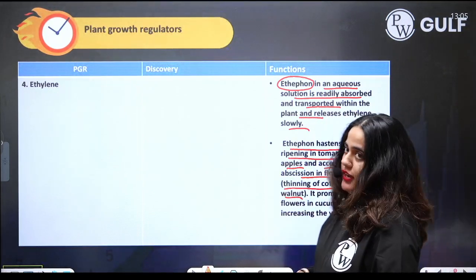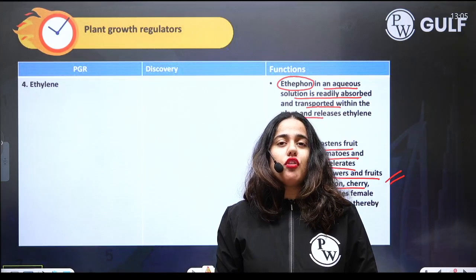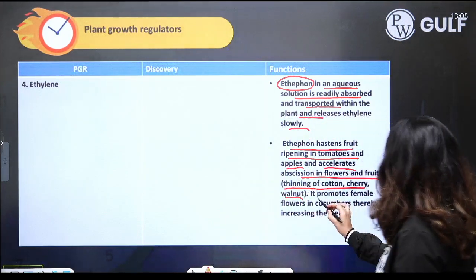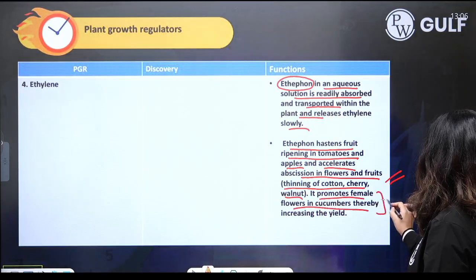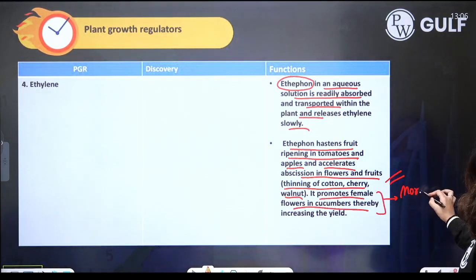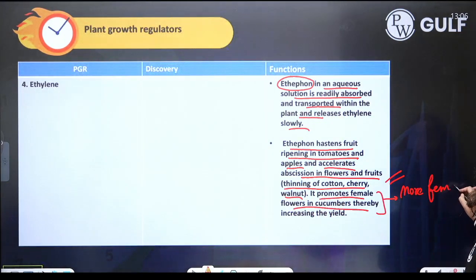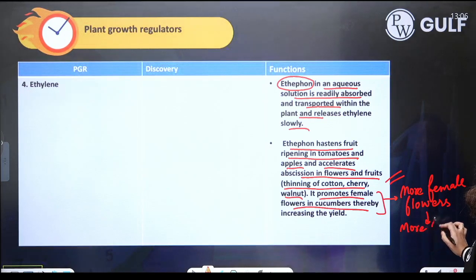It promotes female flowers in the cucumber plant, which means more female flowers, more fruits.